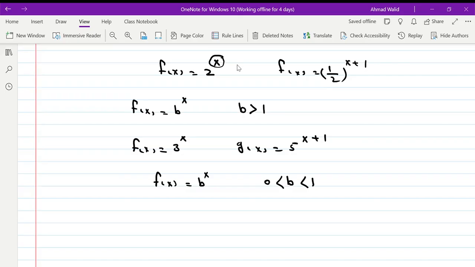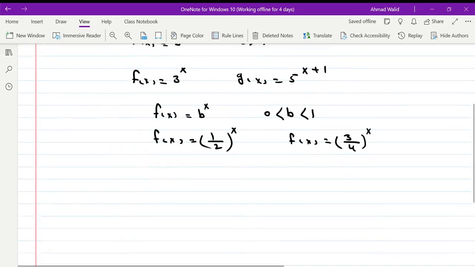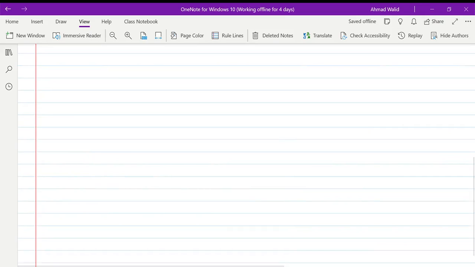For example, f of x equals 1/2 to the power of what? X. Or f of x equals 3/4 to the power of what? X. We call these types the decreasing exponential function.